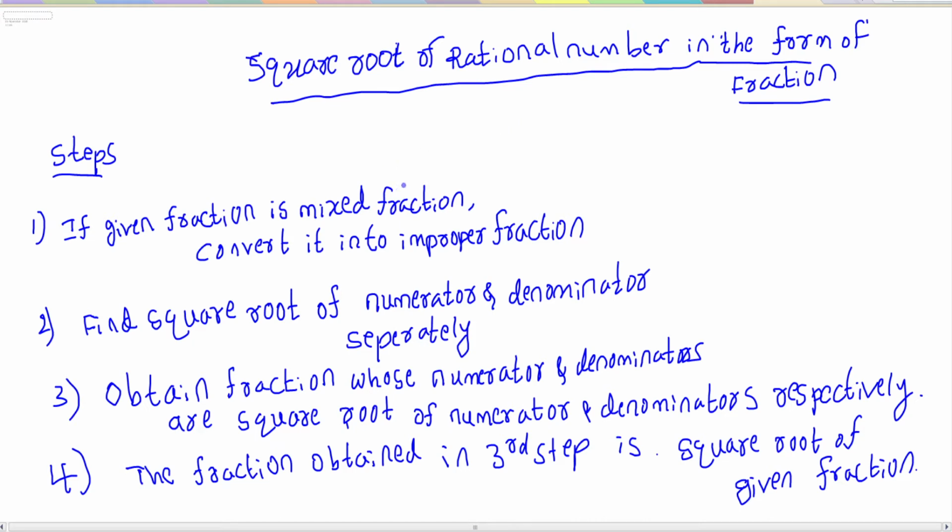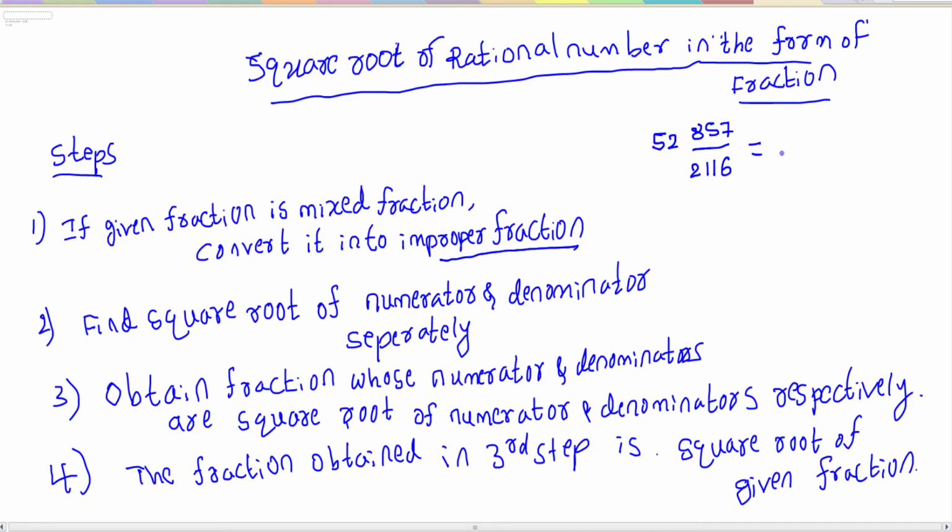First step is, the given mixed fraction, for example 52 and 857 divided by 2116. First convert it into an improper fraction. This is the first step.